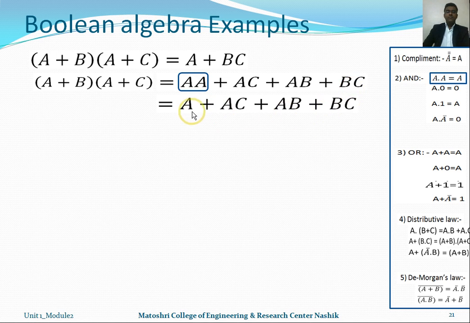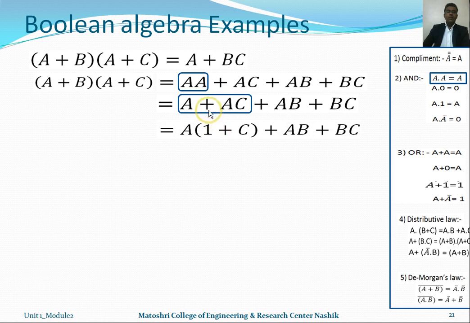Now see here, A ORed with AC. Here the A is the same, so we take A common from this expression. We get in the bracket 1 ORed with C, or 1 ORed with any input.